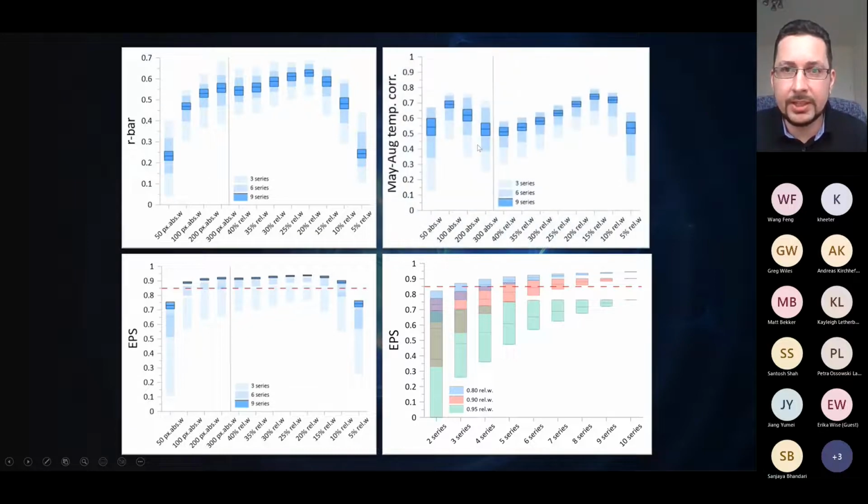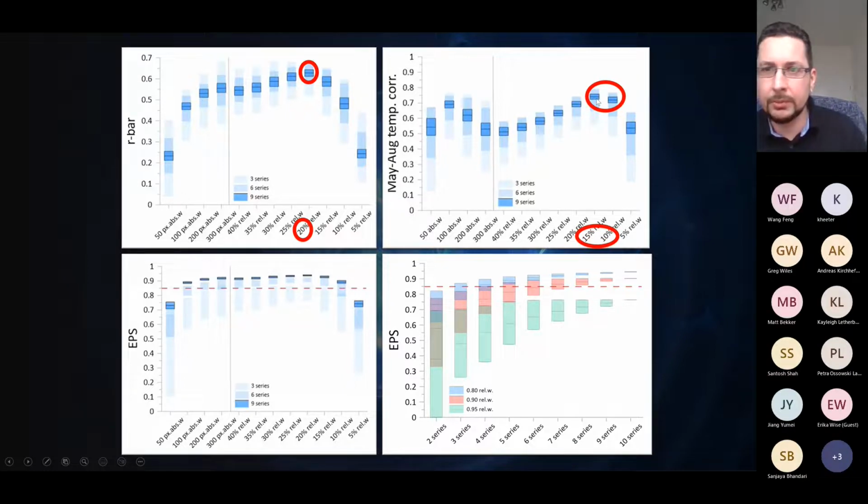The interesting thing is that if we look at the correlation with the temperature, the climate signal, based on these series, what we see is that even though our strongest inter-series correlation is at 20%, we actually get the strongest climate signal when we use 15 or 10%.